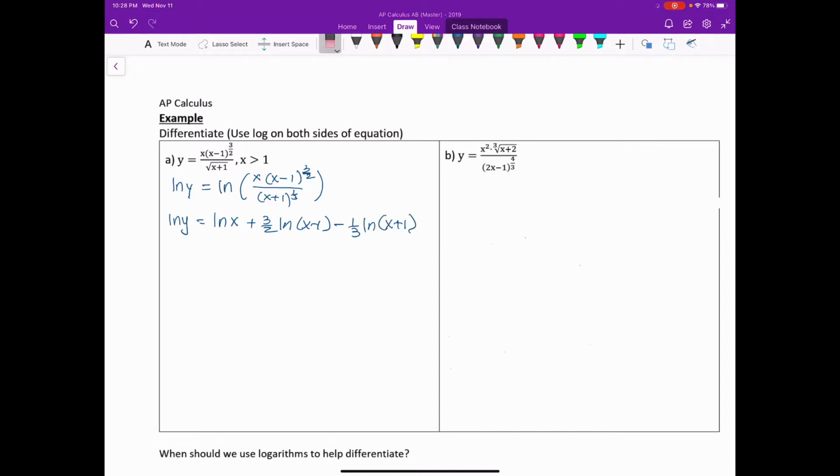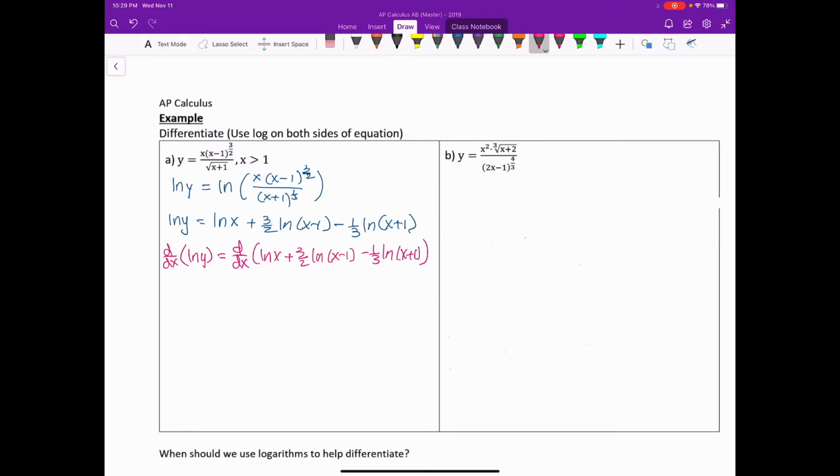And then I'm going to take the derivative with respect to x on both sides. So I'm going to do d dx on the left-hand side and d dx on the right-hand side: natural log of x plus 3/2 natural log of x minus 1 minus 1/3 natural log of x plus 1.